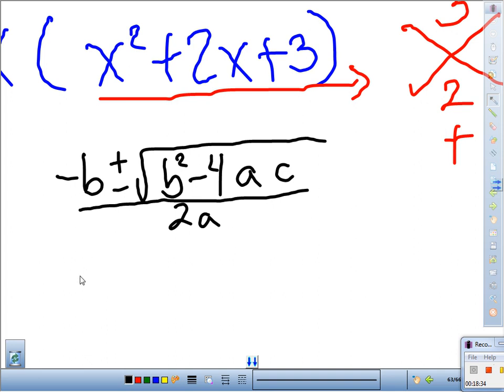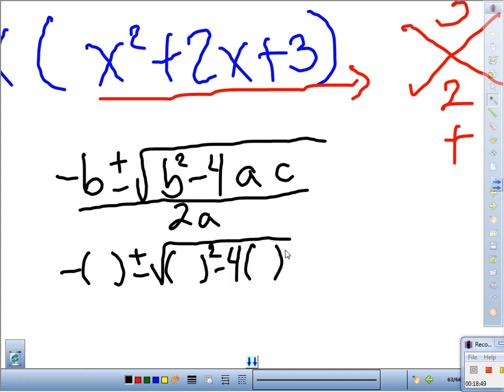Yes, that's right. Minus parentheses plus minus square root, parentheses squared minus 4 parentheses over 2 parentheses.